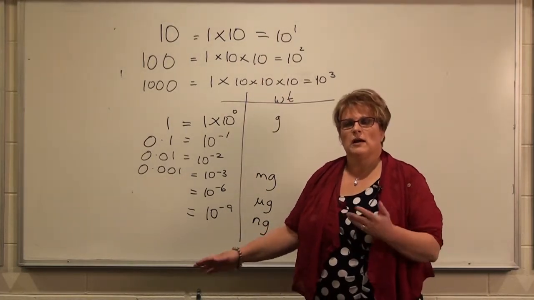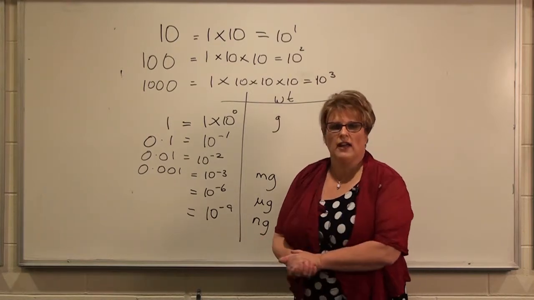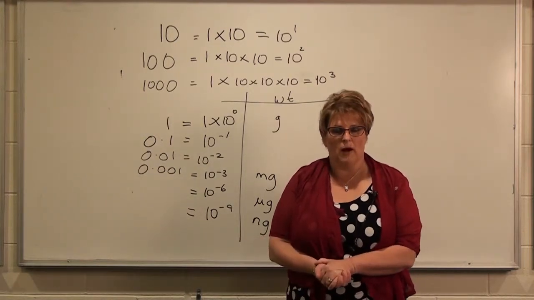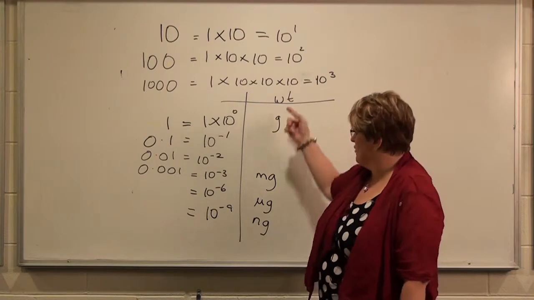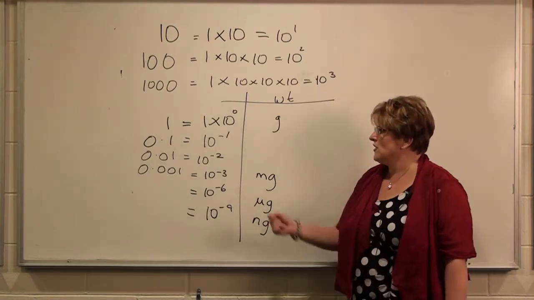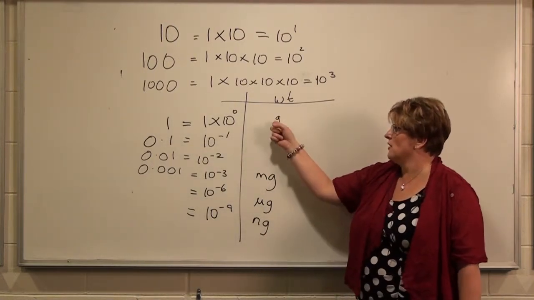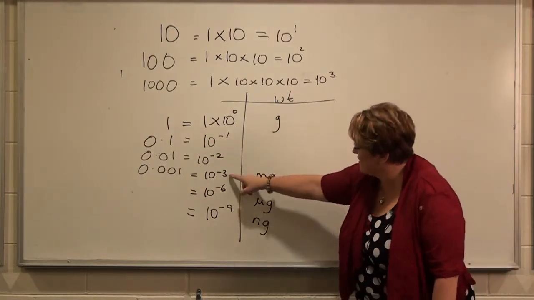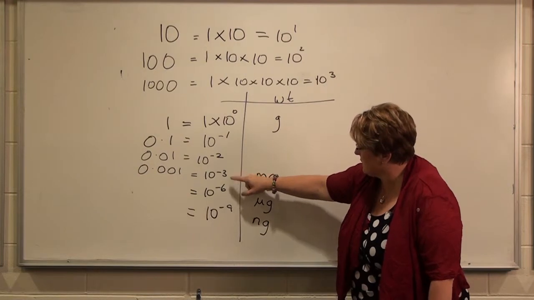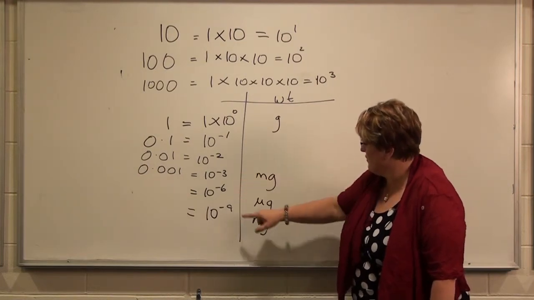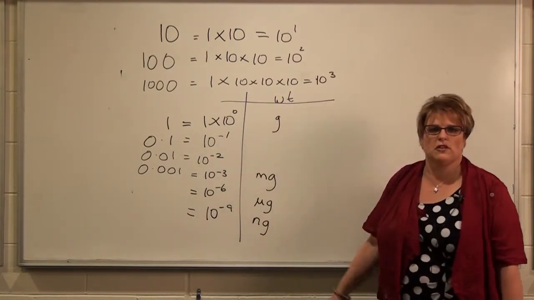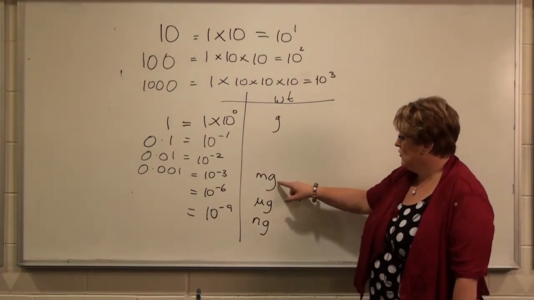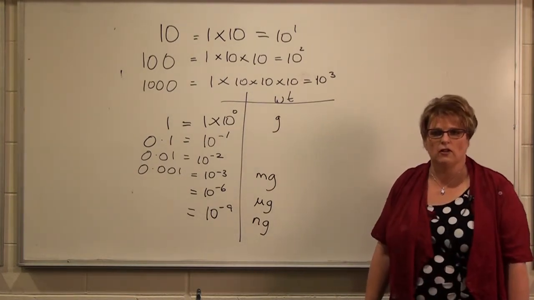We also simplify exponential numbers even further in biology by using units. And you can see here, if we look at the unit of a gram, which is weight, when we go down in orders of magnitude of exponential numbers by 3, we start going through these very common units which you come across in biology.